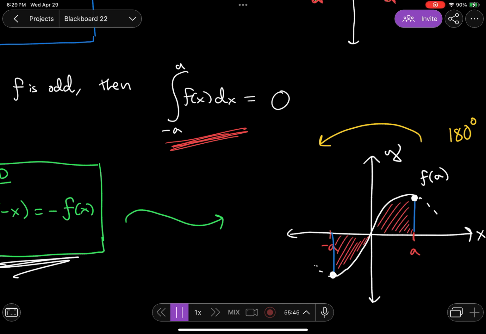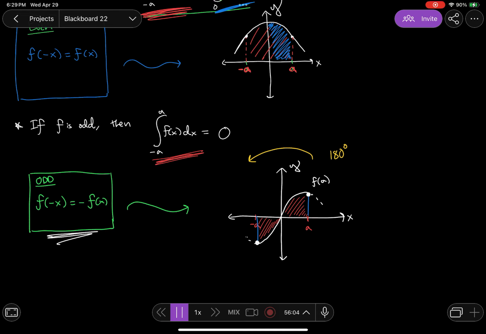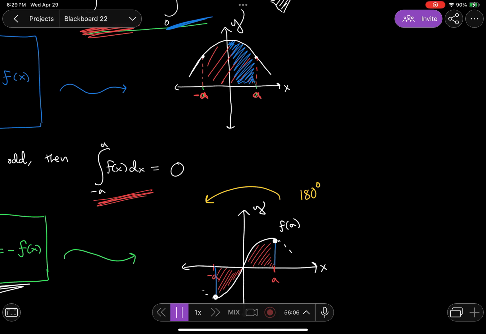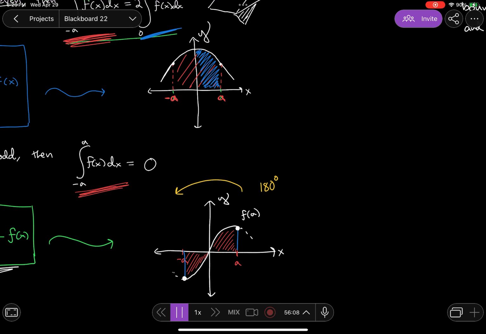This area is the same as this area because my function is odd. And since the integral is going to read this area as negative, the total value of this integral is going to be 0. This area is going to completely cancel out this area. Also intuitively true. Let me, first of all, give a few examples, and then we'll prove one of these.